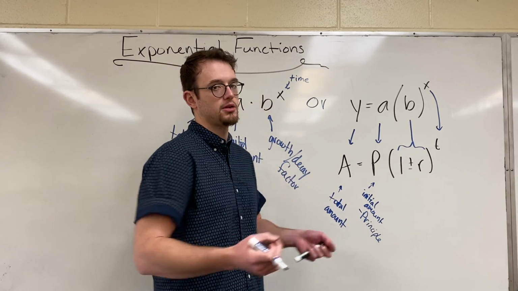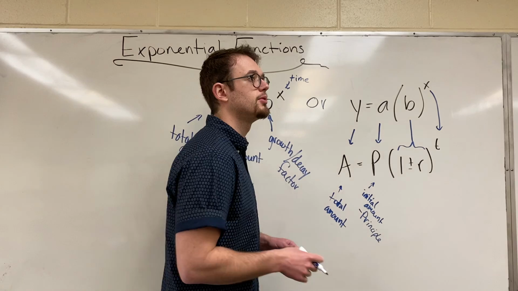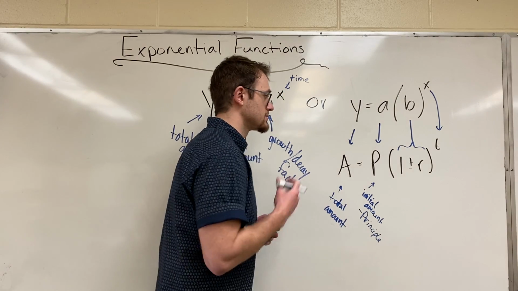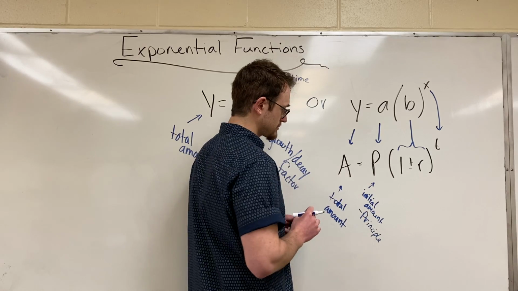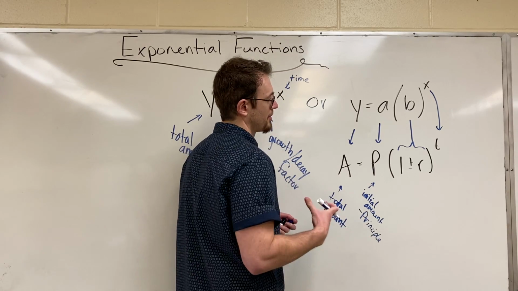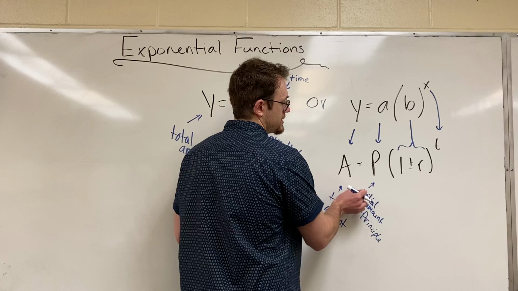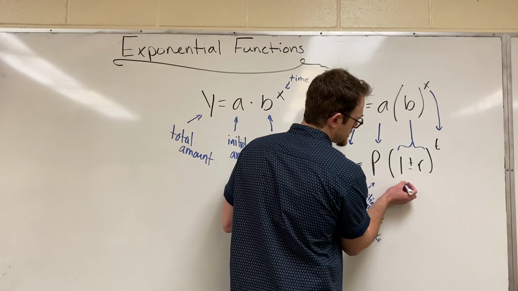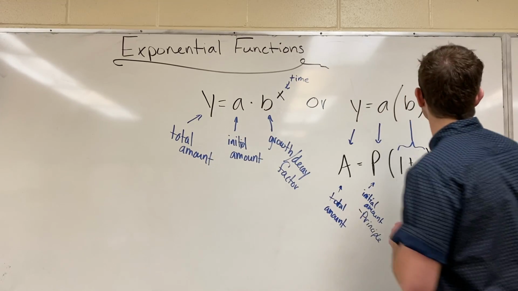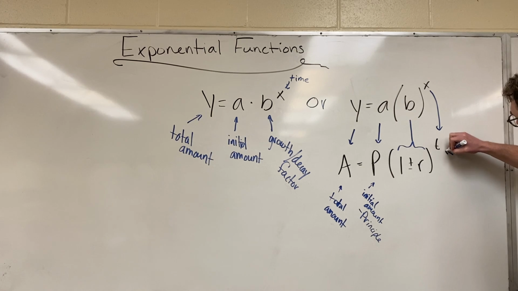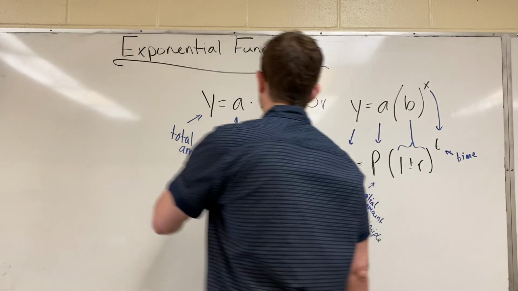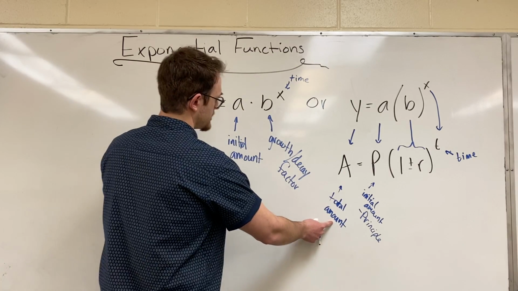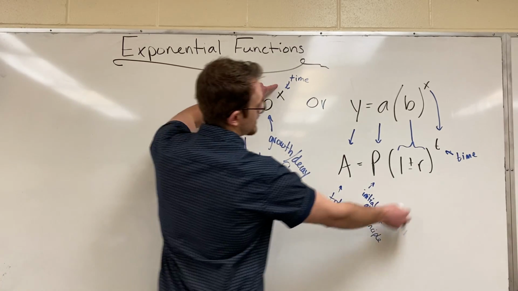All right, still initial amount, just another way to say it. It's what you're putting down on something. It's what you're starting with, investing with. Still the initial amount. Principal if we're talking about money. Total amount, initial amount. This, we'll talk about that next. And X, in this case T, is still time. Total amount, initial amount, time.